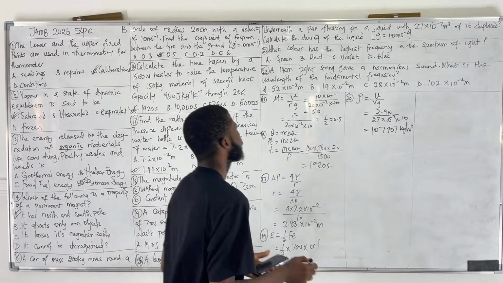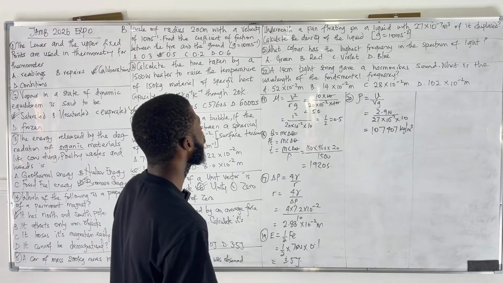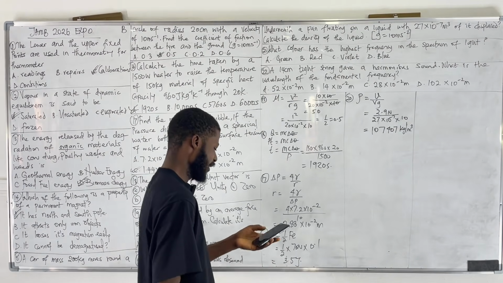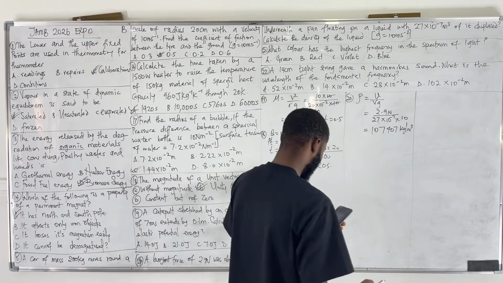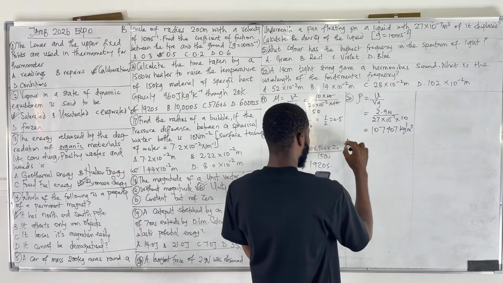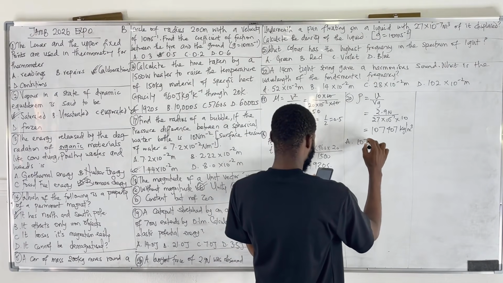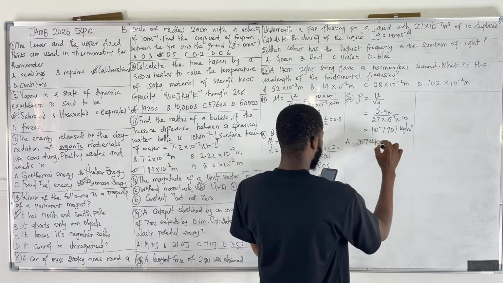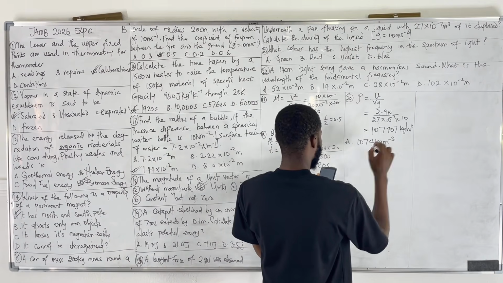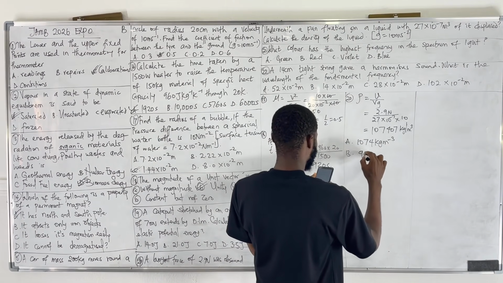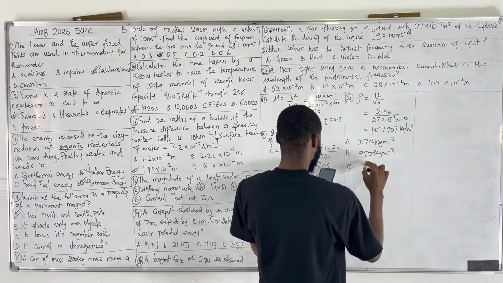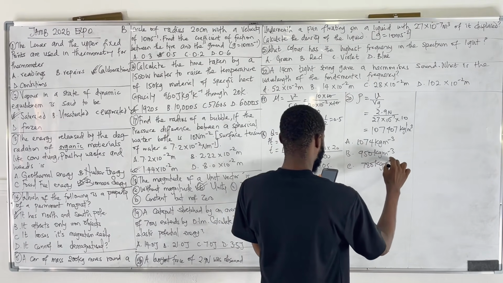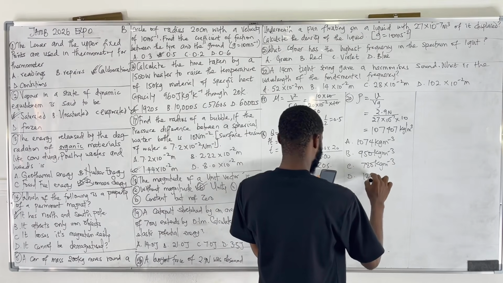This is what you will get. Hold on, I didn't write the options. Okay, let me put the options right here. So A, 1074 kilogram. Okay, B, 950. C, 780. Then D.